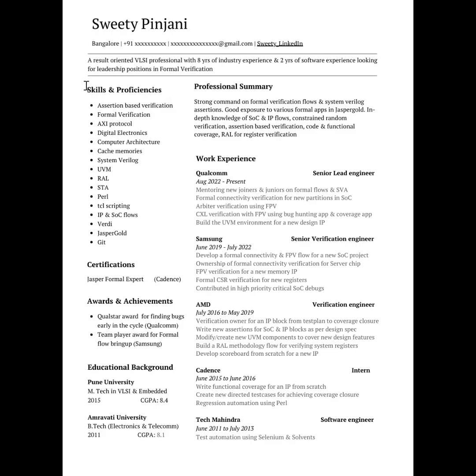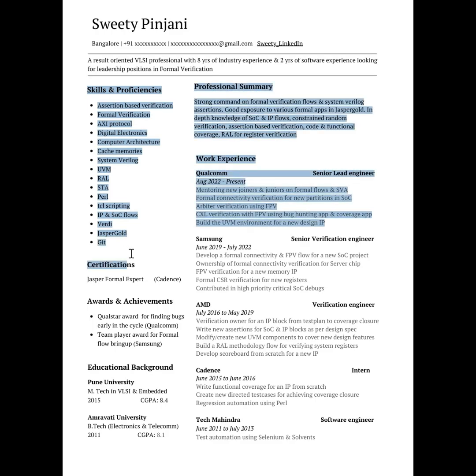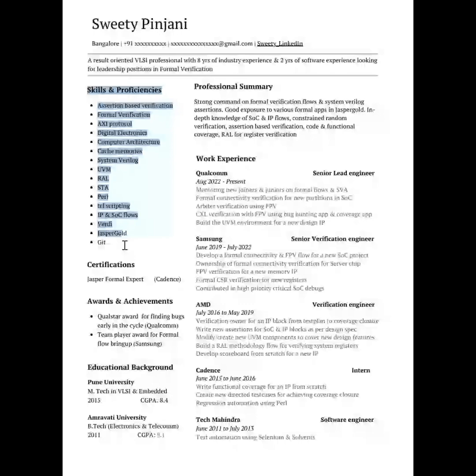On the left hand side, the person has arranged the skills in the order of importance as per the job opportunity they are looking for. They are looking for formal verification, so assertions and formal and any design skills will come at the top, and then other skills will come.